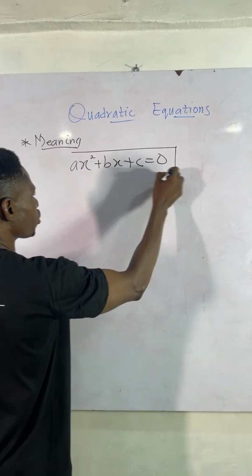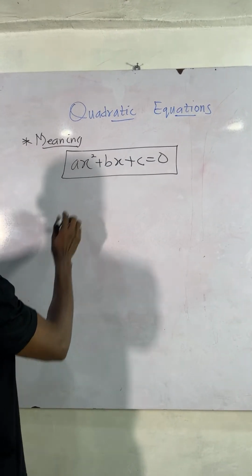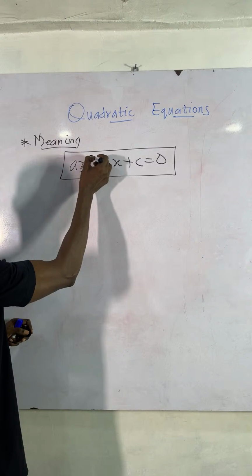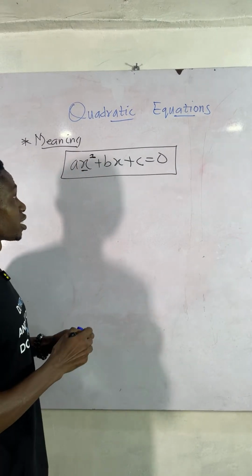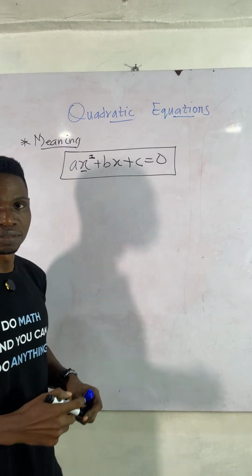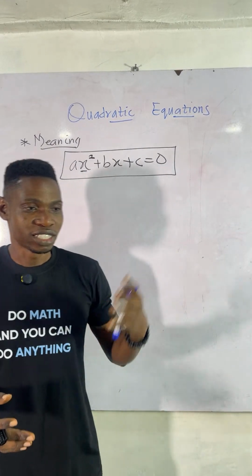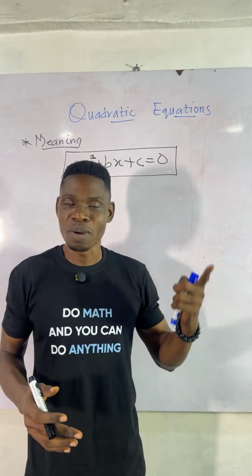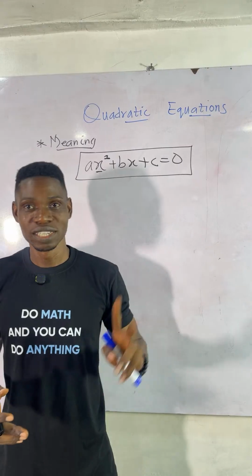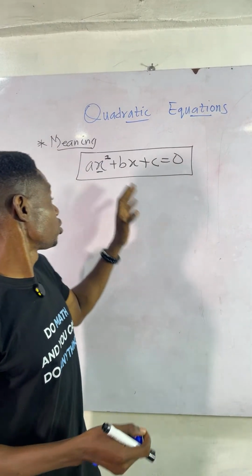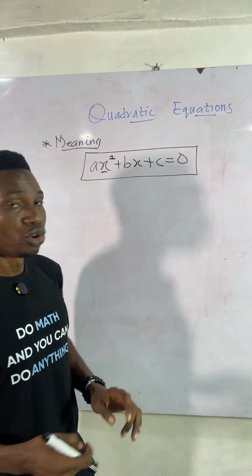The highest power of x is 2. So this is what a quadratic equation looks like.